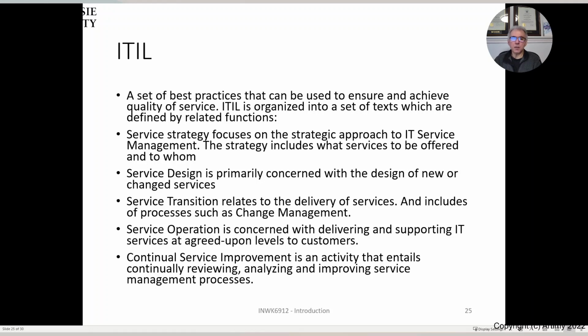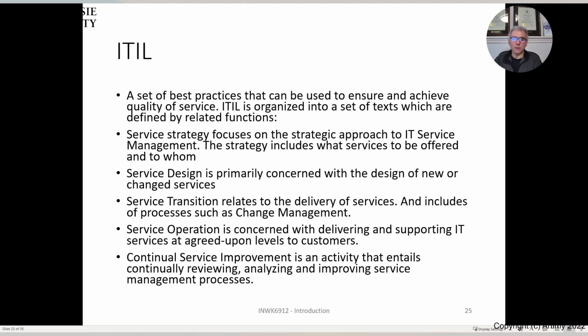The service transition is relating to the implementation or the delivery of service. So the ITIL talks about IT in general. If you are, for example, looking at ITIL from the application perspective, not networking, but application, service transition from that perspective means starting the application, scaling the applications, all of that. But from our network perspective, it just means the implementation part, right?